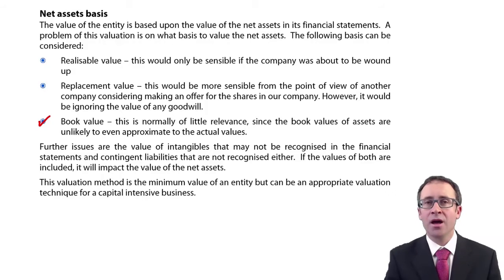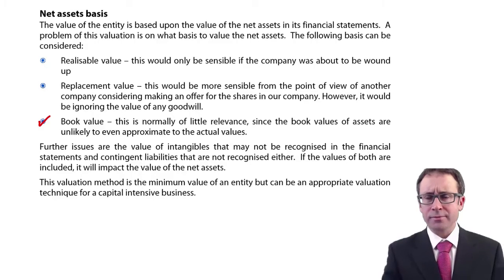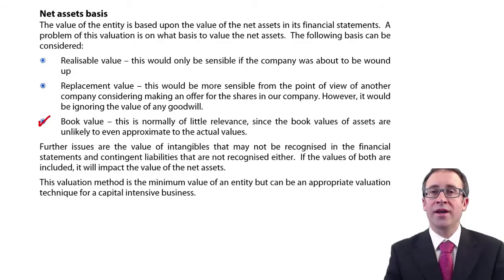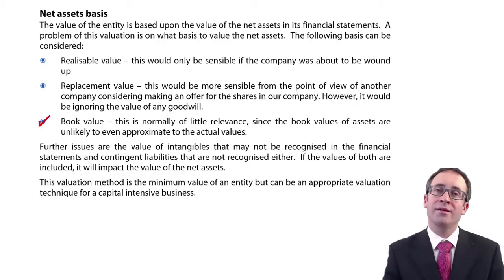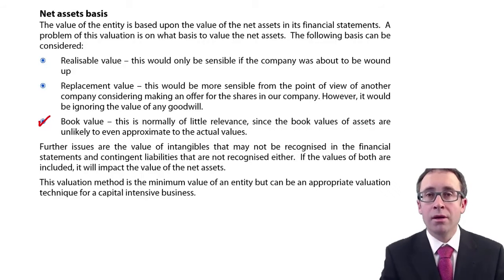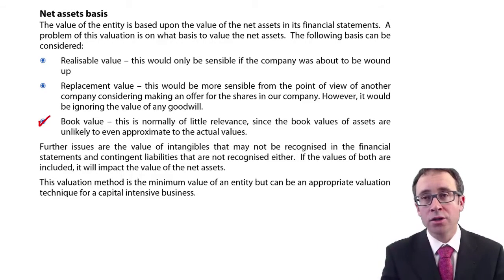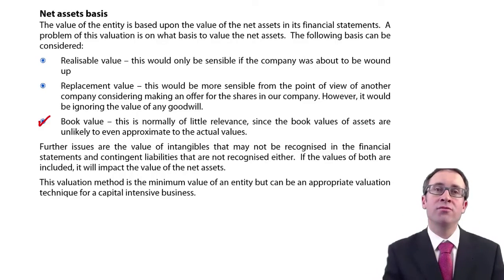If you think about liabilities, not all liabilities may be recorded. There could be a contingent liability that's disclosed in the notes to the financial statements. It might be that the contingent liability will result in some form of payment, but you don't know how much because you weren't able to measure it reliably from an accounting perspective.